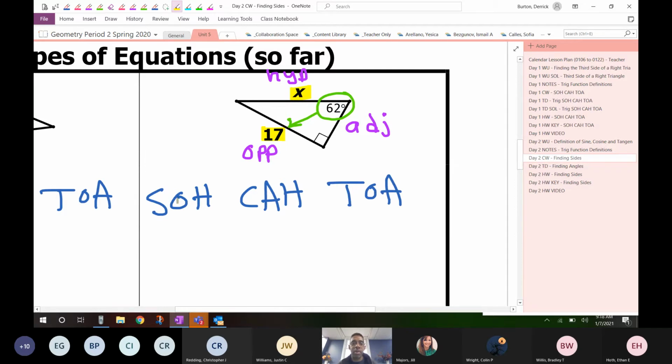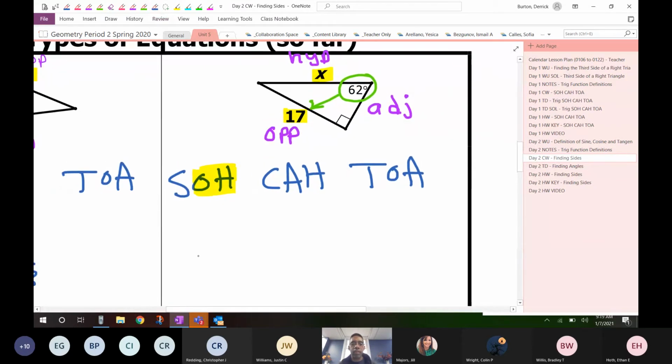So again, this is going to be the sine function, because it's still opposite and hypotenuse. When we go to set it up, it's going to look like this. The sine of 62 is equal to opposite over hypotenuse. So that's going to be 17 over x.